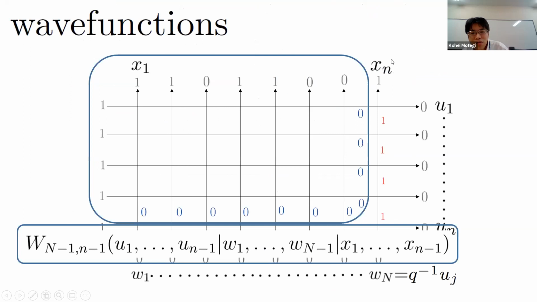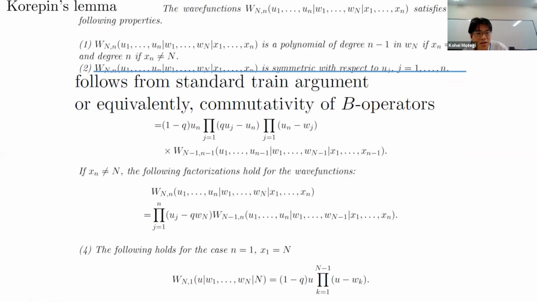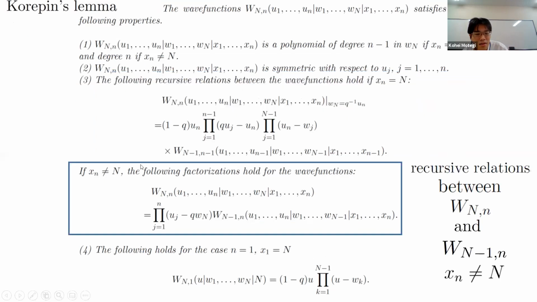So I explained the case when xn is equal to large n, and next I'm going to explain the case when xn is not equal to large n. And in this case, the recursion relation is much simpler.